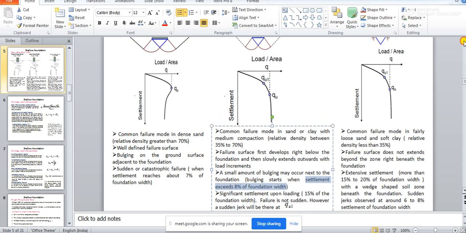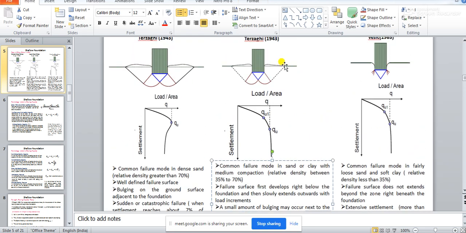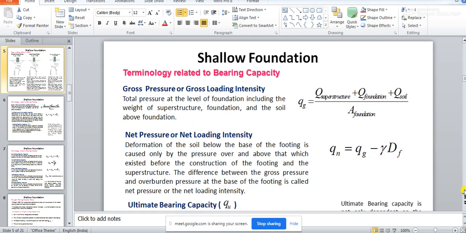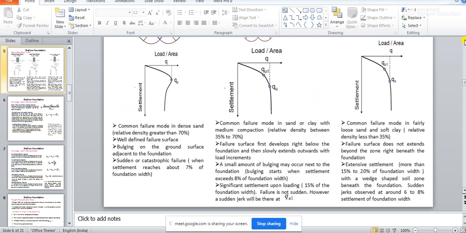When this bulging starts, by that time the footing has gone inside the soil by a considerable amount. So that is why local shear failure is a very dangerous failure also, because it does not give you an indication from the outside, which general shear failure gives you prominently from your outside observation.